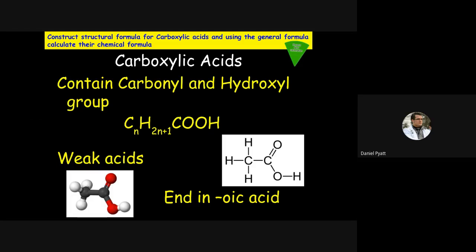We then introduced the idea of alcohols. We talked about alcohols containing a hydroxyl group, which is an OH group, and they had the general formula CnH2n+1OH. We said that they were not hydrocarbons because they now contain oxygen.